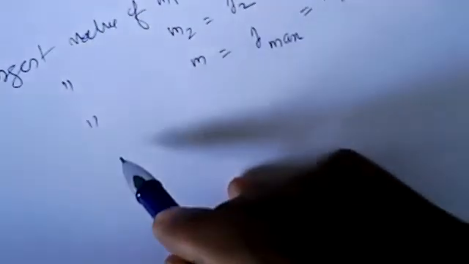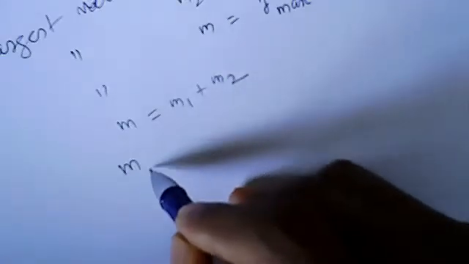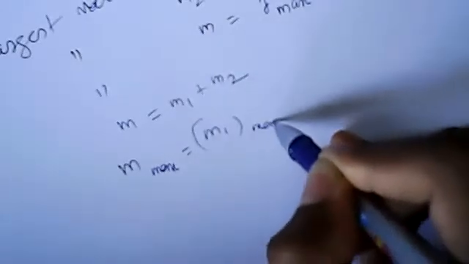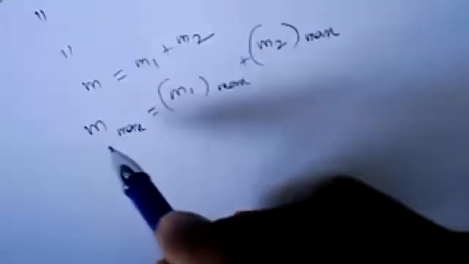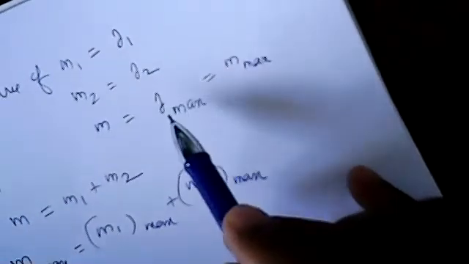And we know this first selection rule, M equal to M1 plus M2. Now we put the max index for all these three: M max equal to M1 max plus M2 max. So M max is J max.